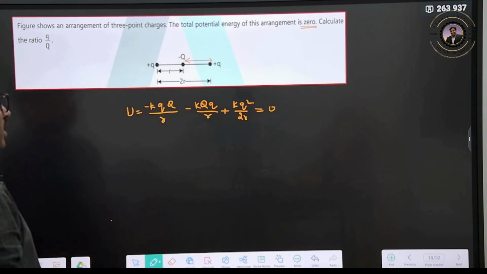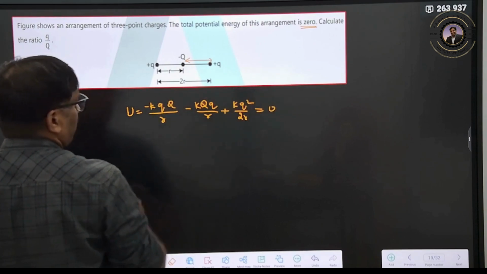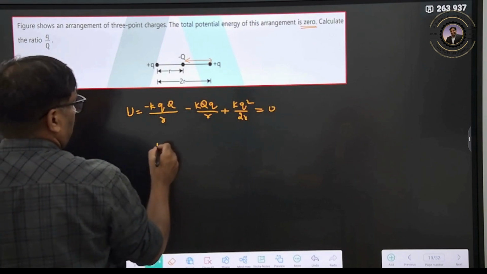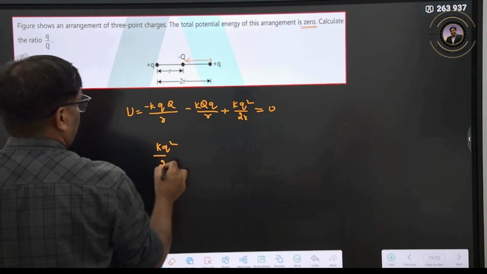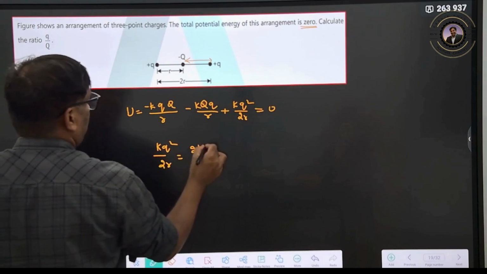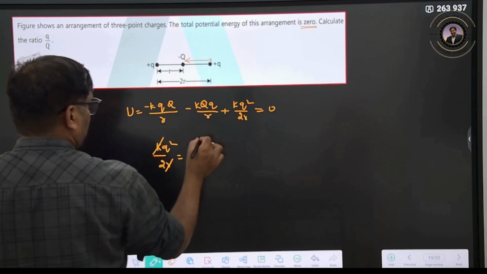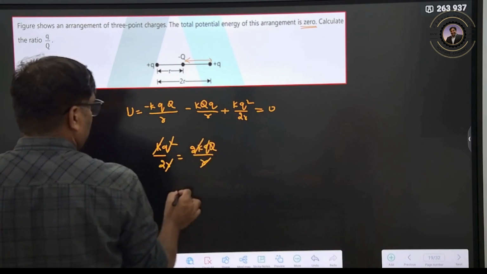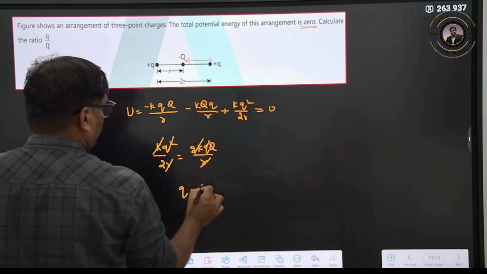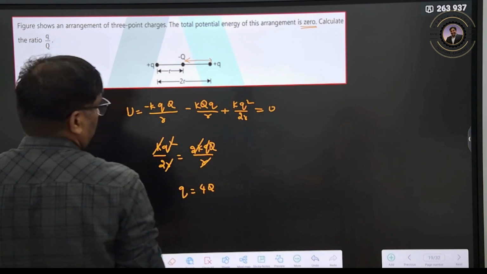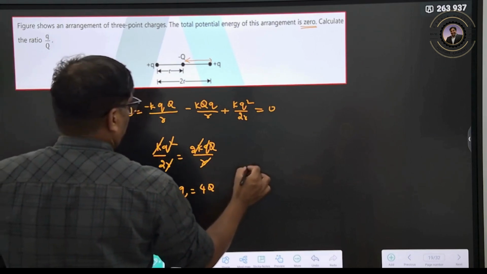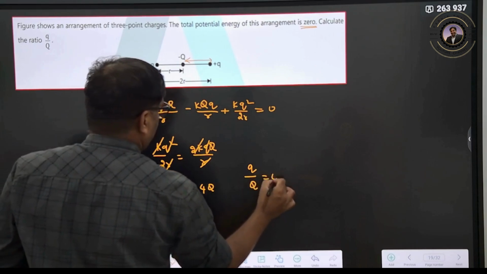That's all, simple thing. So k q square by 2r will be equal to 2kq into q by r. The r gets cancelled, k gets cancelled, 1 k and 1 q get cancelled. So q is equal to 4 capital Q. So how much will it be? Q by capital Q is nothing but 4.